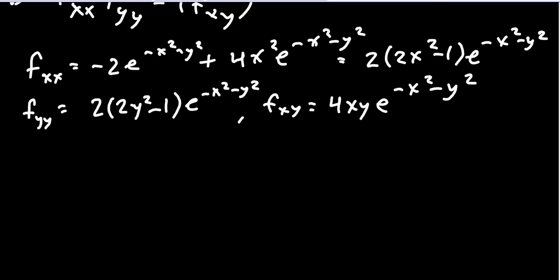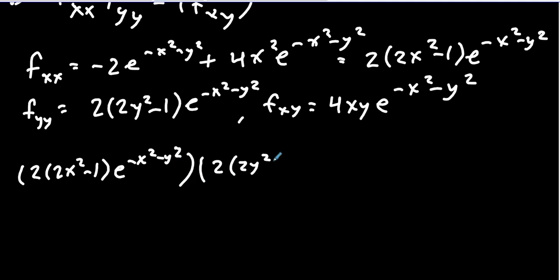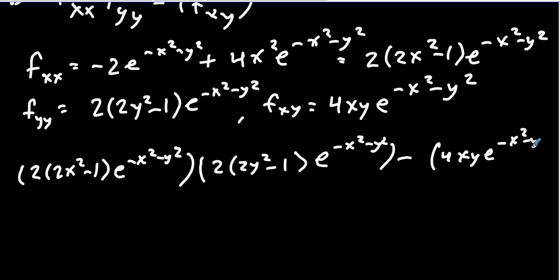And when we do this, we essentially are saying that we have 2 times (2x squared minus 1) e to the negative x squared minus y squared, times our second partial with respect to y, right here, minus (4xy e to the negative x squared minus y squared) all squared. So in other words, we're multiplying the top by 2. Okay?